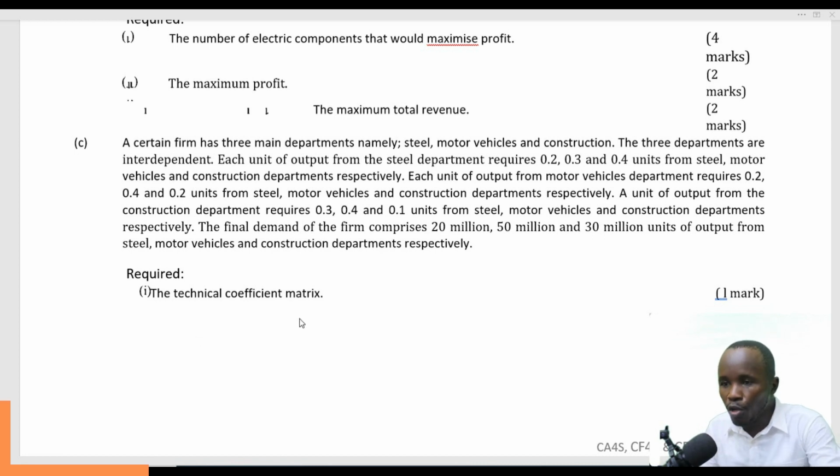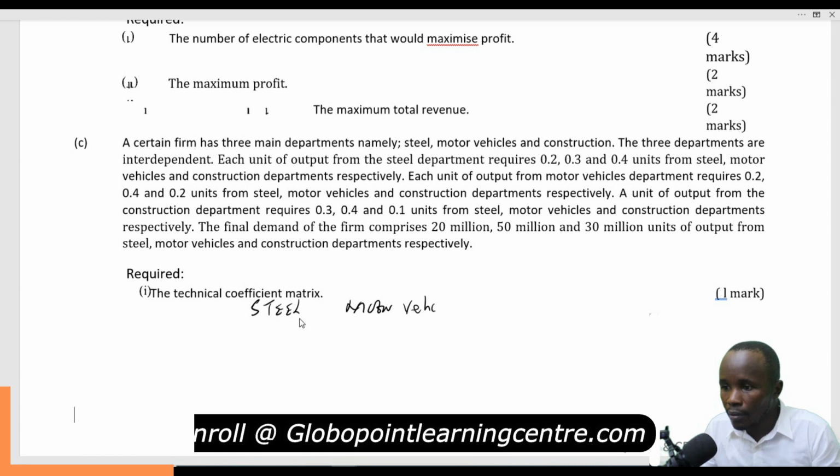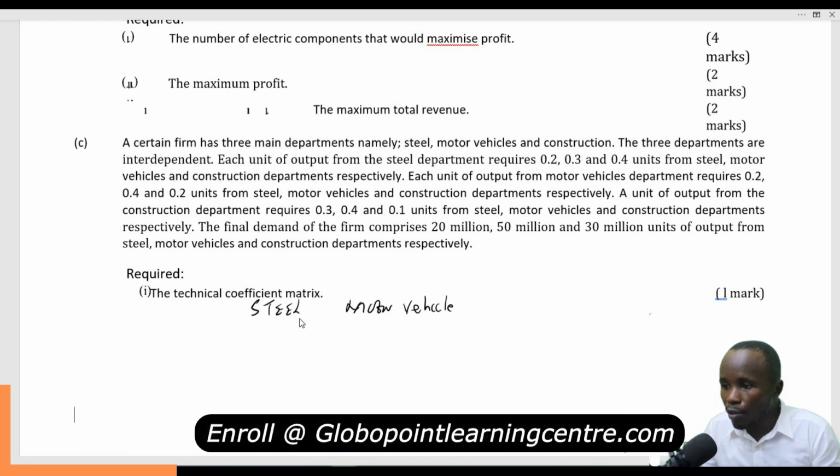Here you need to know what are the producers and what are the users. I'm having steel, motor vehicle, and then construction.